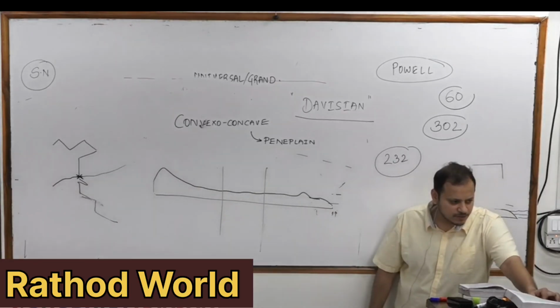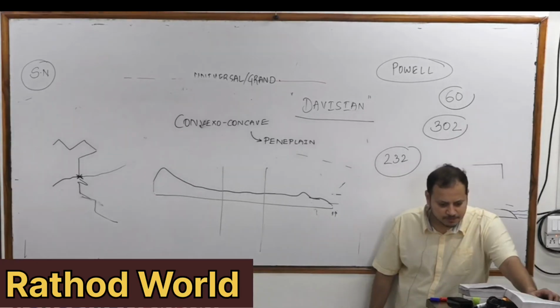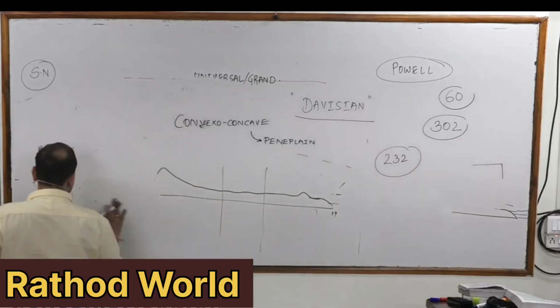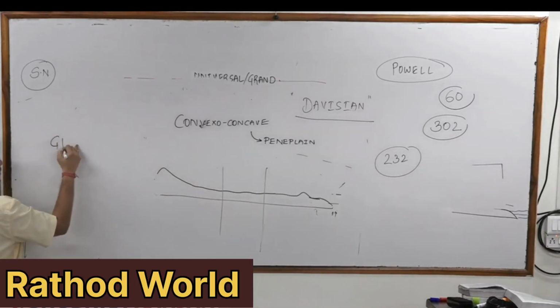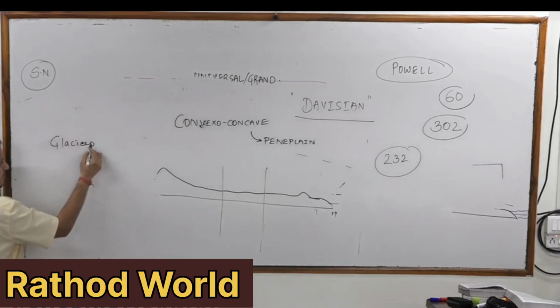External forces are regulated by gravity, which causes movement of the materials on the surface of the earth in the form of rivers, glaciers, and in the sea.